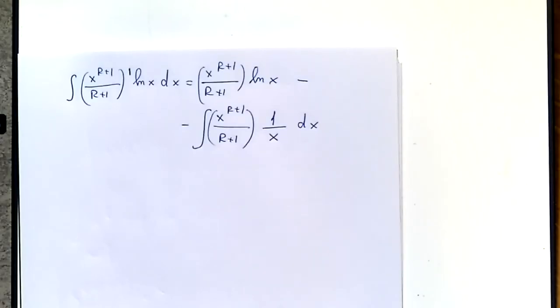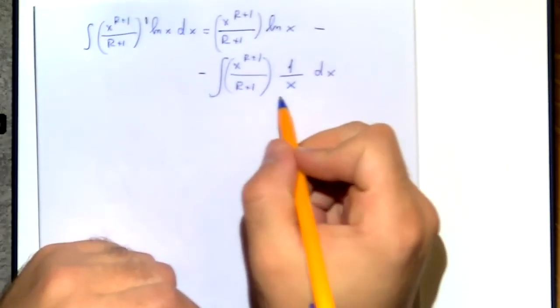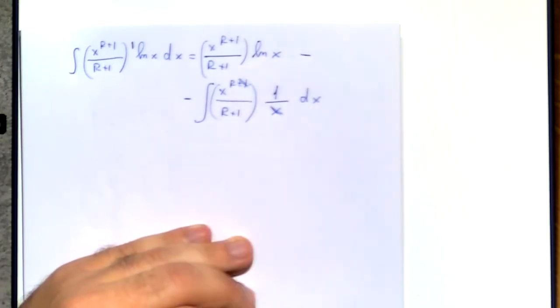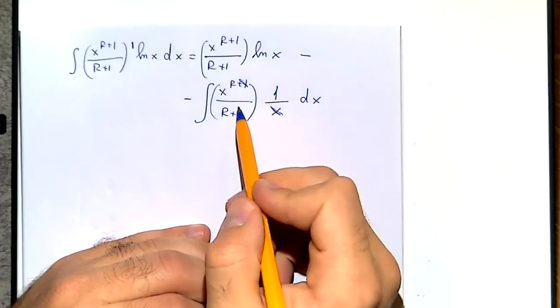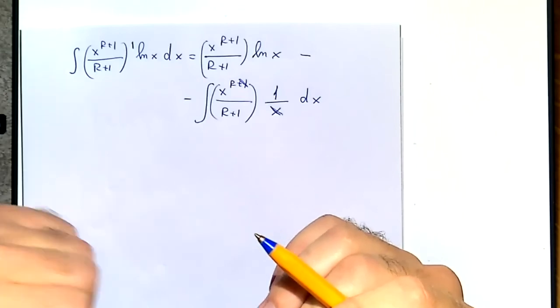And I can simplify an x from here with the 1 from here, because I have x^(r+1) up top and x down, so they just simplify diagonally.